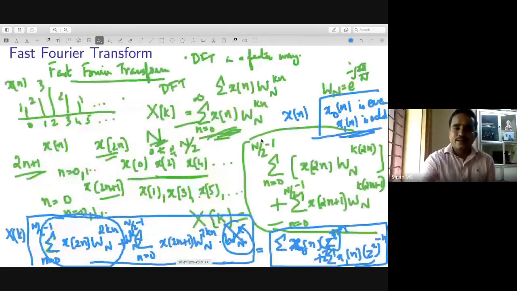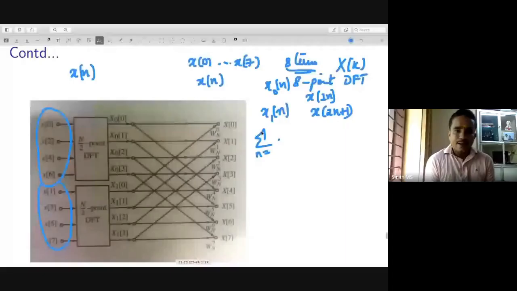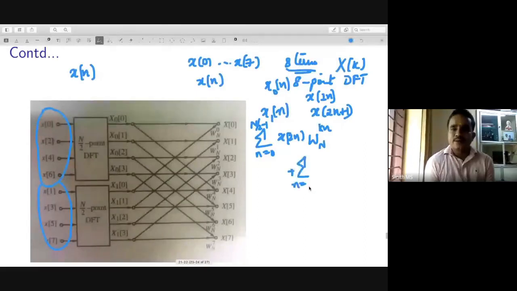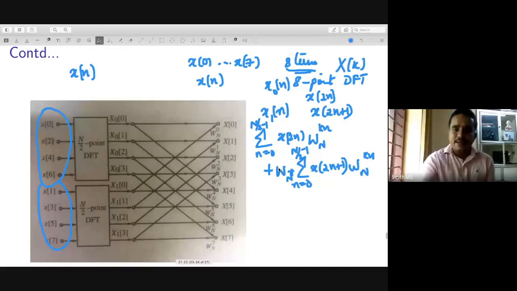So if you find the N/2 point DFT, what you're getting is, we'll write this last equation from the previous slide: sigma n equal to 0 to N/2 minus 1 x(2n) W_N raised to kn, plus sigma n equal to 0 to N/2 minus 1 again x(2n+1) W_N raised to kn, and here also you have 2n plus 1, that will come as multiplication W_N raised to k, right, from the previous slide.